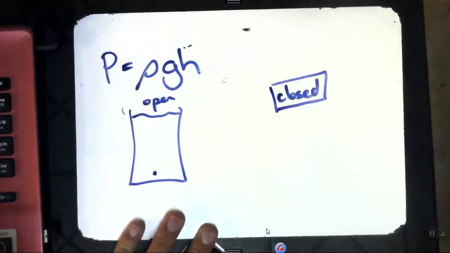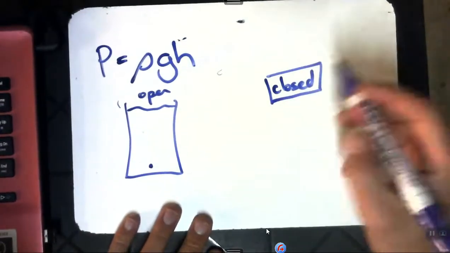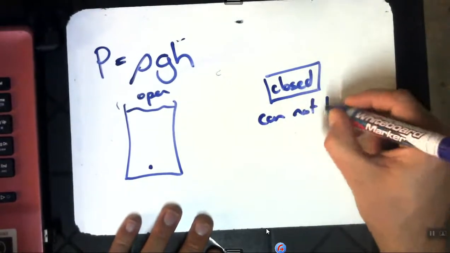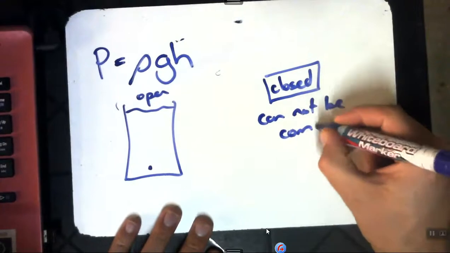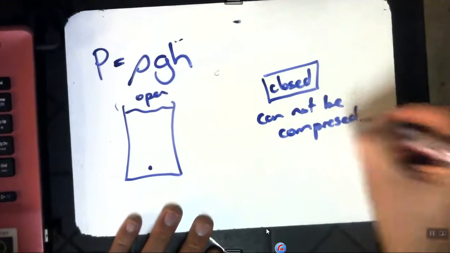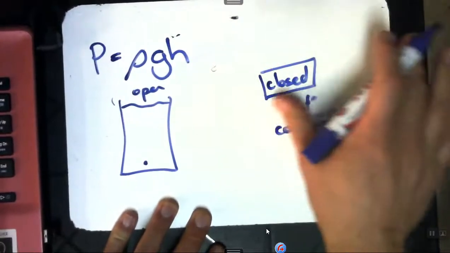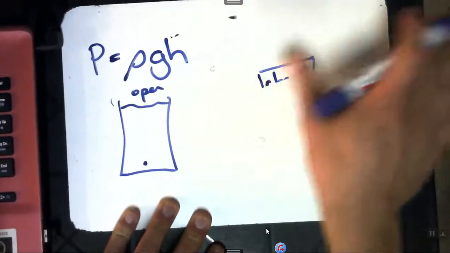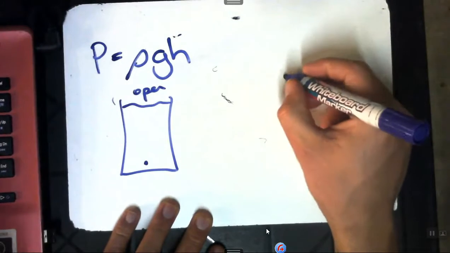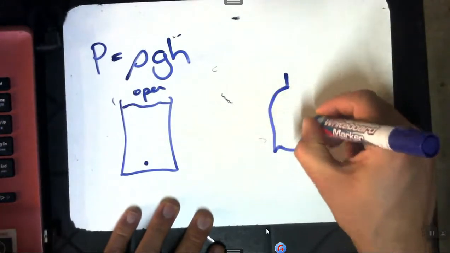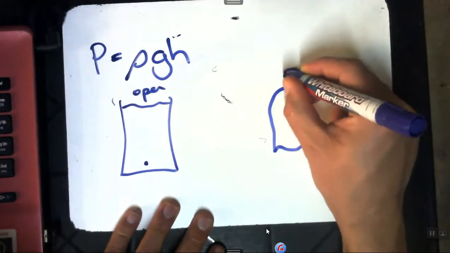Now, if I fill a container full of water, water particles cannot be compressed. So since it can't be compressed, let's imagine I've got a bottle, a plastic milk bottle full of water, and it is sealed.